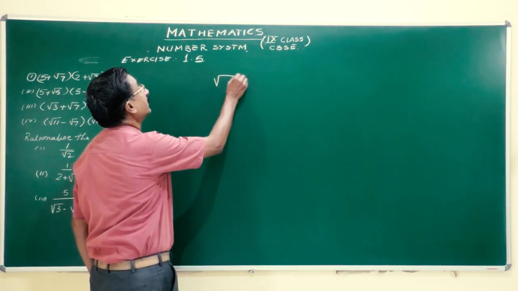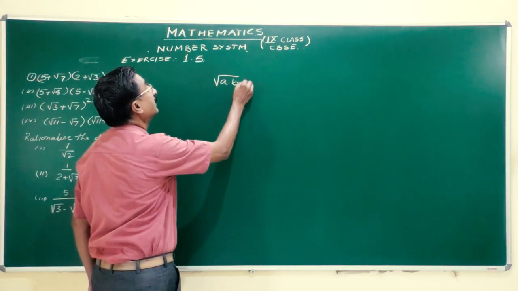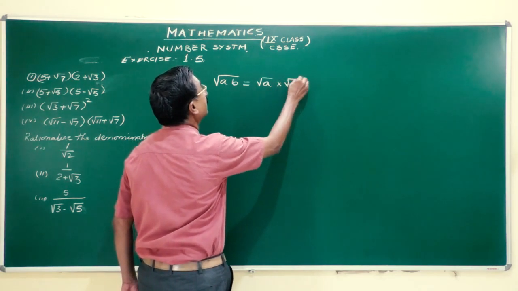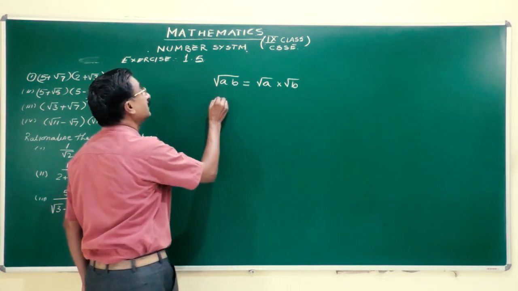That is, root AB is equal to root A multiplied by root B. We can write it like this.